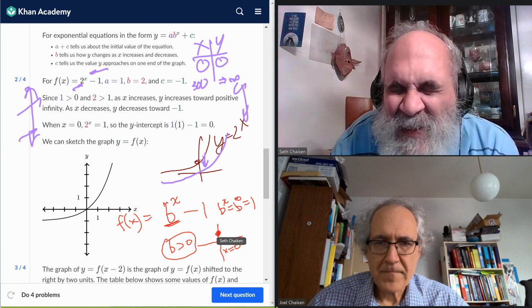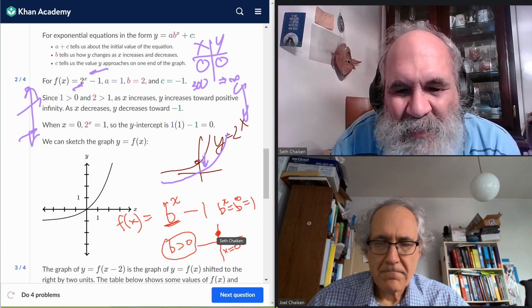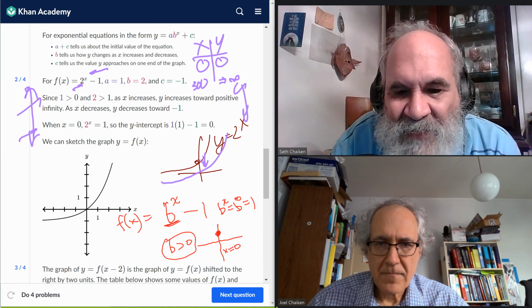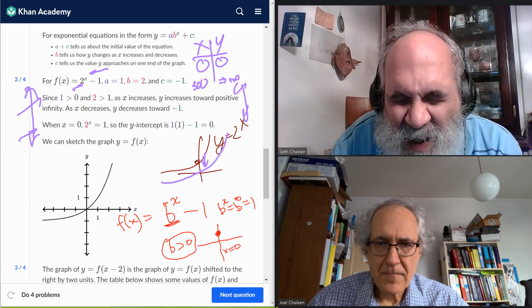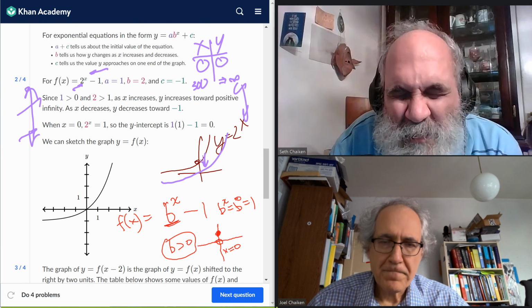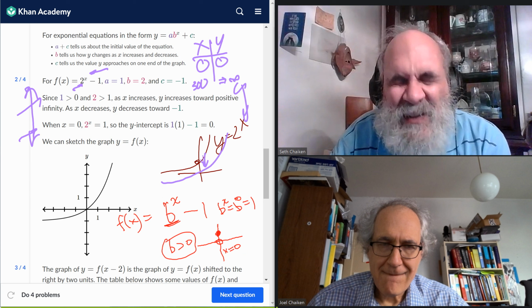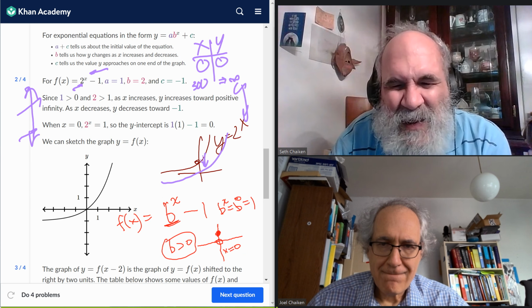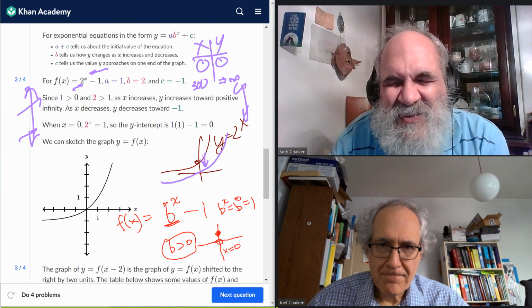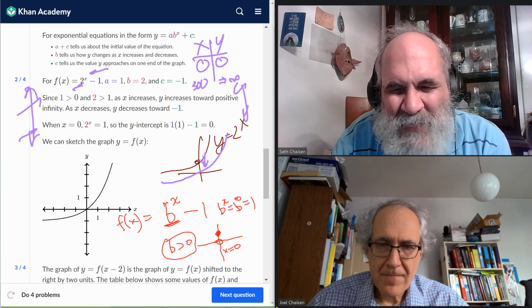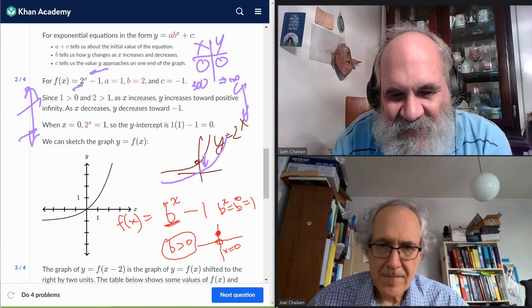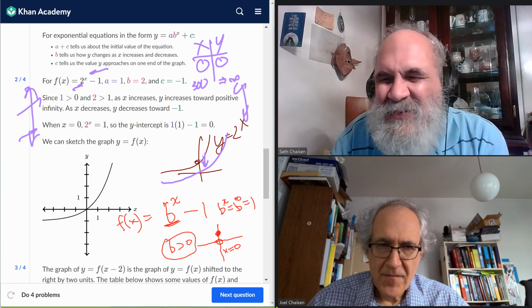Yeah. And then b to the x minus 1 is plotted by pushing it down by 1. Right. So no matter what b is, as long as it makes sense, b to the x minus 1 always goes through the point 0, 0.